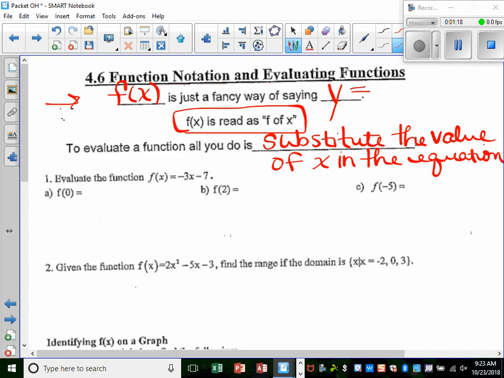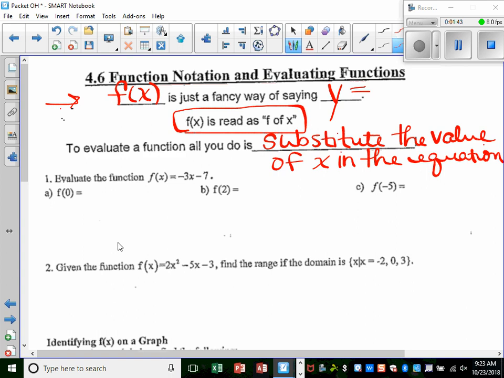So you're going to be given an equation, and where you see x right here, okay, so just look up for a minute. This x right here won't actually be an x, it'll be a number. So you're going to replace that number into the equation that they give you. Okay, and this is called function notation.